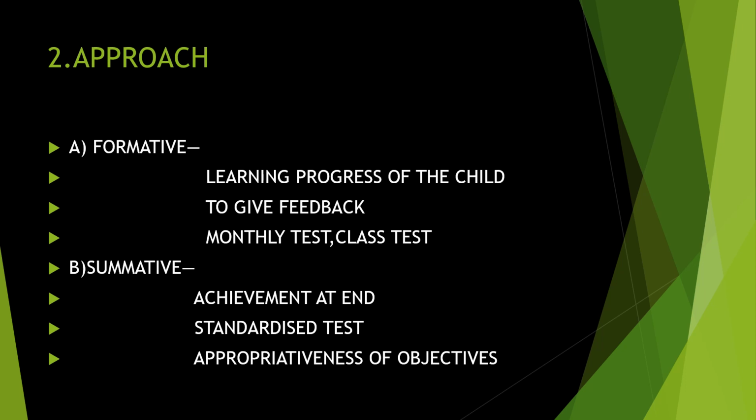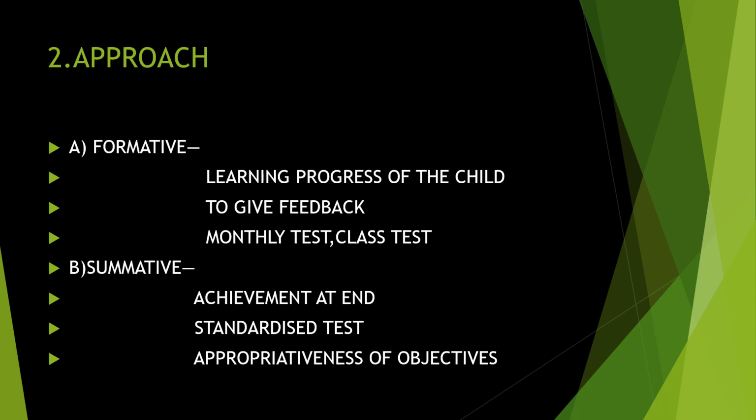According to the approach level, there are two levels. One is formative, which is the learning process of the child. When the teacher is taking the class, the teacher can ask small questions and get feedback from that, to understand whether the child is able to understand or not. It is the formative level, to get feedback easily.